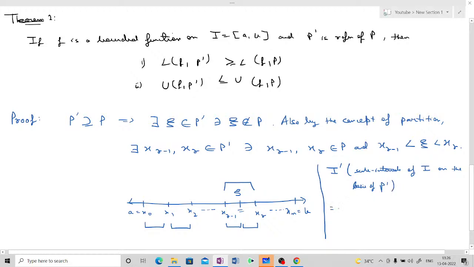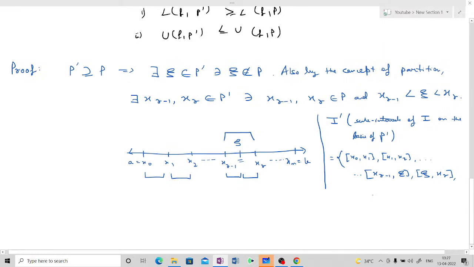They will be x0 to x1, x1 to x2, and so on till we get x_{r-1} to eta, eta to x_r, and then it continues till we have x_{n-1} to x_n.